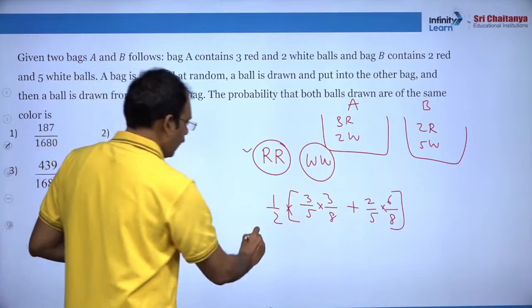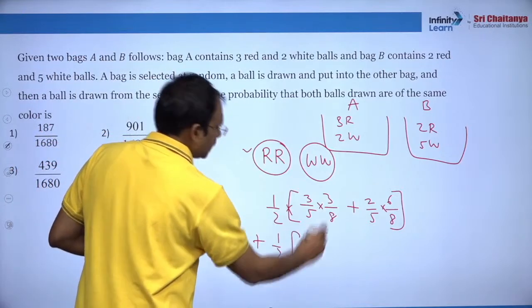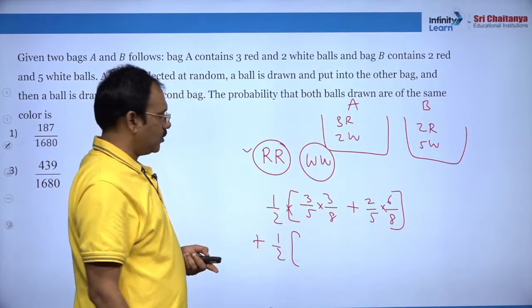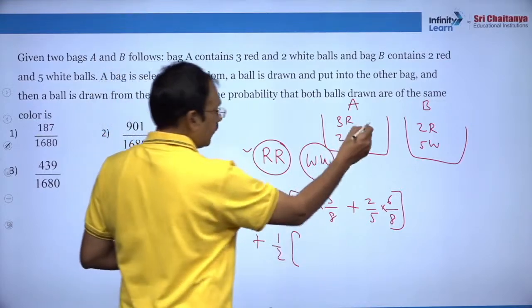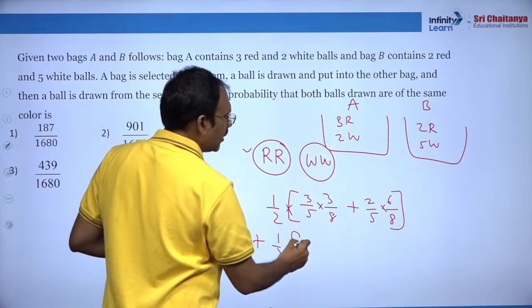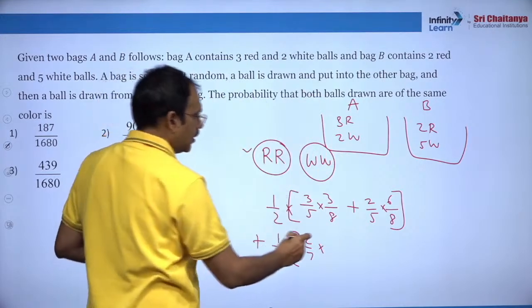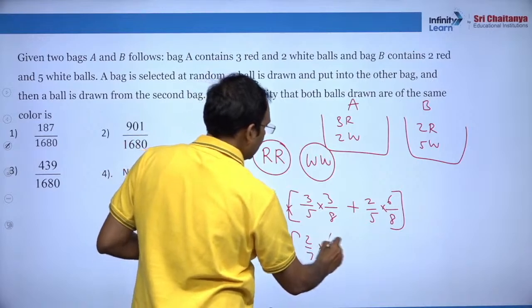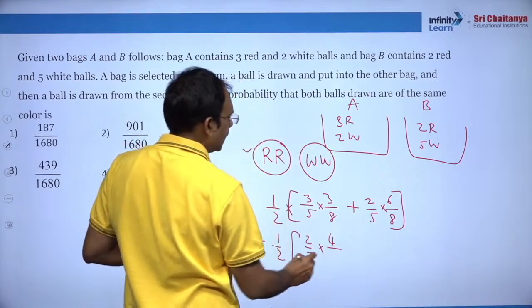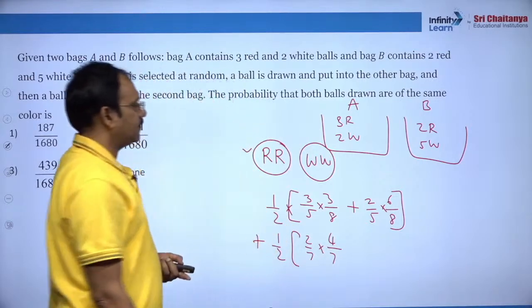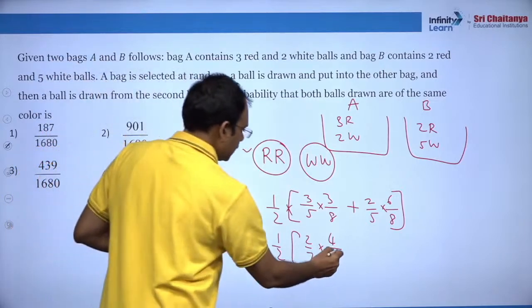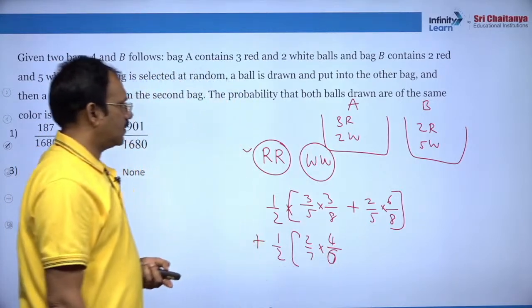In the same way, the chance of starting from bag B is 1 by 2. Now, the red case, first red ball selection is 2 by 7. That red is kept here. Now you have to get red here again, that is 4 by 7. Am I correct? 4 by 6.